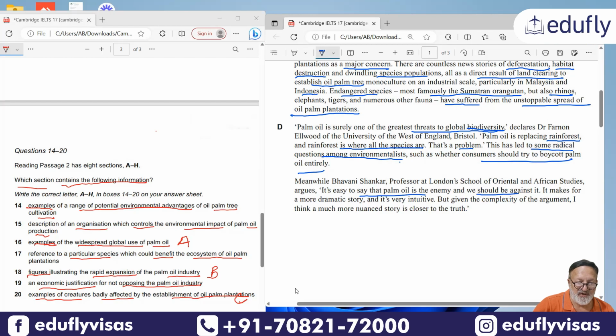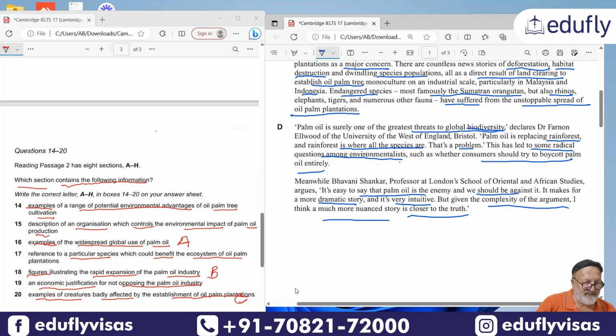It makes for a more dramatic story and it's very intuitive. But given the complexity of the argument, I think a more nuanced story is closer to the truth. So he says not everything is bad in the oil industry. So we've got biodiversity, we've got rainforest, and we've got environmentalists. These are important.